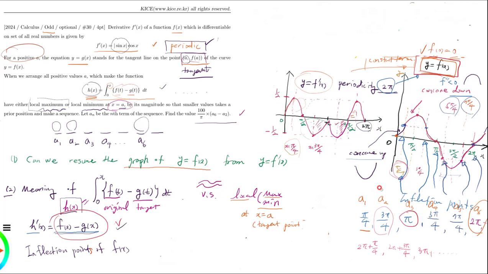So you can find the value of a sub 6 minus a sub 2 will be 2 pi minus 3 times pi over 4, and you can figure out the value after you multiply 100 over pi by 2 pi minus 3 times pi over 4 each quantity.